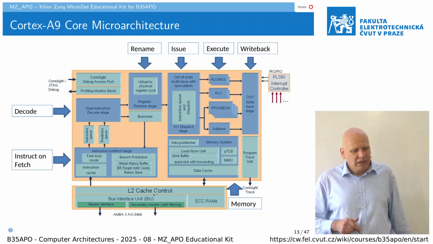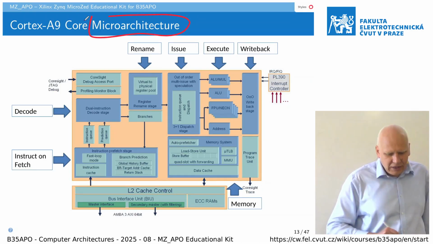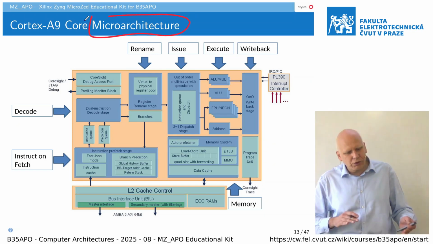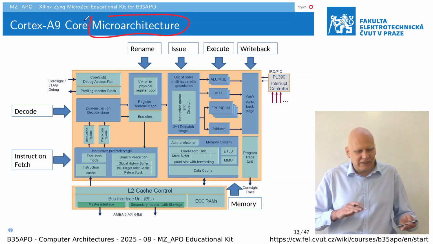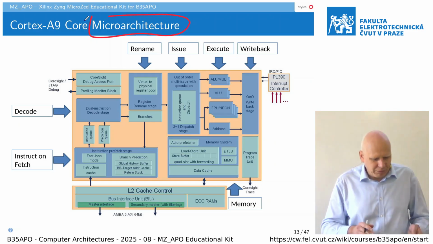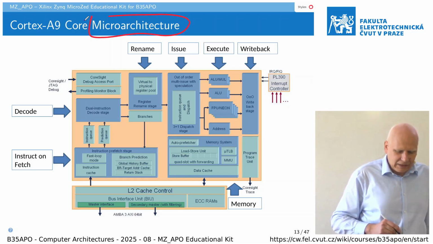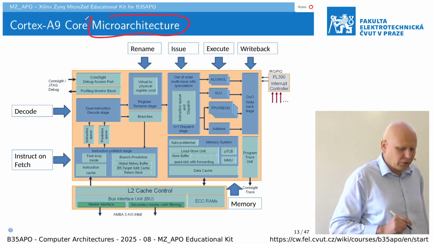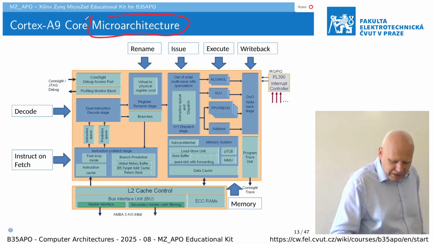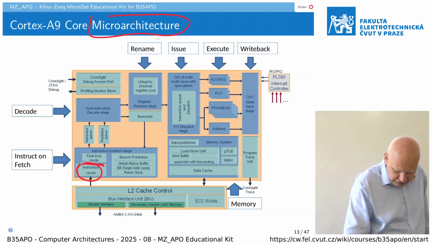But anyway, we can go again to the microarchitecture, and there you should be able to recognize at least some basic blocks which we have in our pipeline processor design, and then we started our superscalar design. Again, this is a very simple processor from today's point of view, but it has a cache for the instructions.